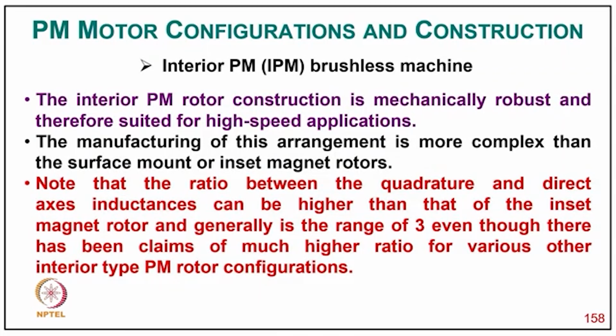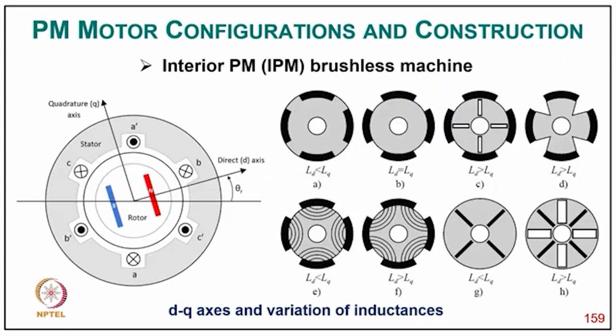So, the interior permanent magnet brushless machine. The interior permanent magnet rotor construction is mechanically robust and therefore suited for high speed applications. Manufacturing of this arrangement is more complex than the surface mount or insert magnet rotor. Note that the ratio between the quadrature and direct axis inductance can be higher than the insert magnet, generally in the range of 3, or there have even been claims of a much higher ratio, up to the order of 10, in interior magnet construction.